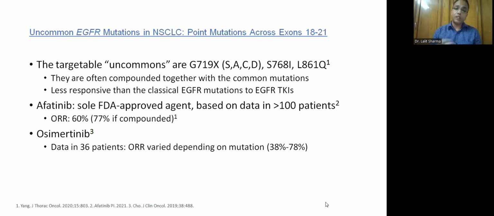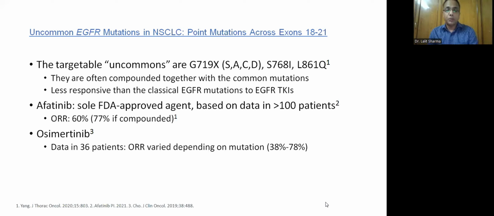And here again comes the importance of letting your molecular pathologist know the responses in your individual patients, so that this data bank can grow day by day and we are wiser day by day in understanding what these mutations and their combinations lead to in clinical scenarios.